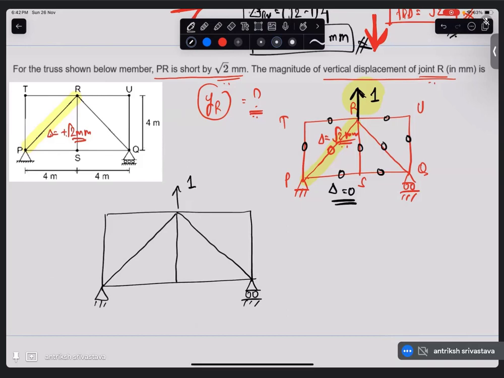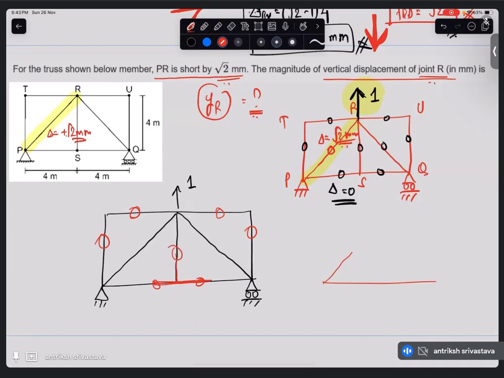Okay, again, use that concept that I told you earlier, using which we can remove the zero-force members. When you use that concept, you will see that these two are meeting without any external load, so zero force. Similarly here, one more is here. These three are meeting where two are collinear, so this is also zero.